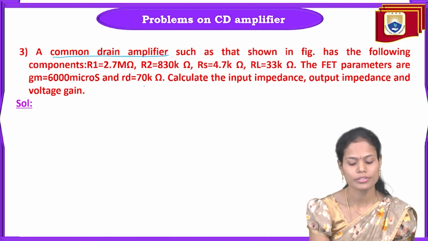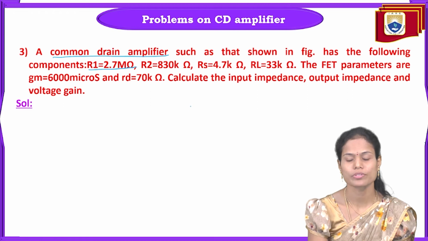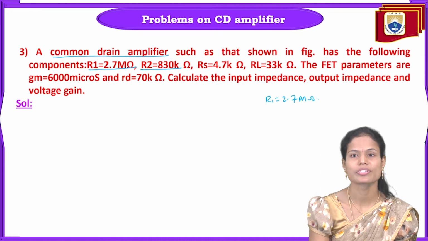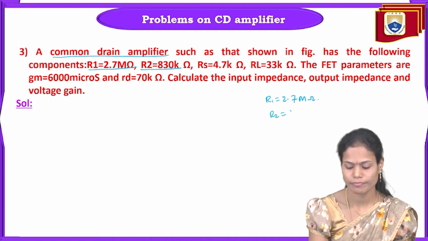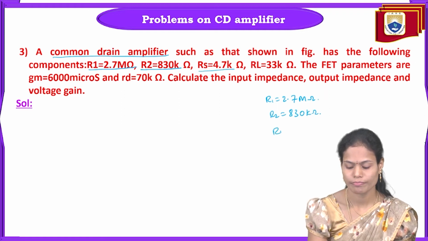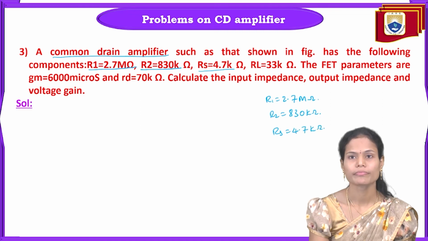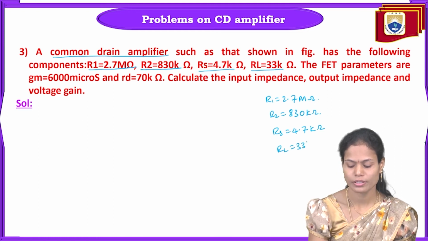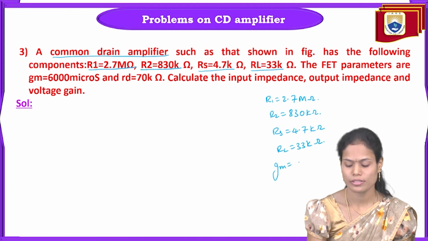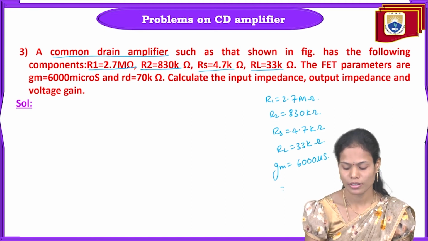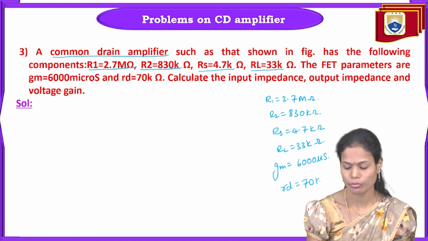It has the following components: R1 equal to 2.7 mega ohms, R2 resistance value is 830 kilo ohms, the source resistance value is 4.7 kilo ohms, the load resistance value is 33 kilo ohms, and the FET parameters Gm equal to 6000 microsiemens and Rd resistance is 70 kilo ohms.